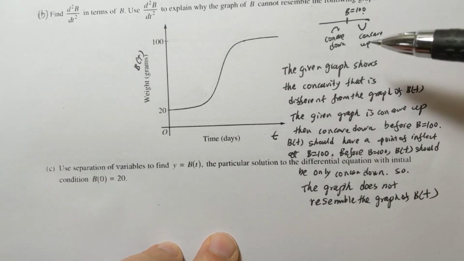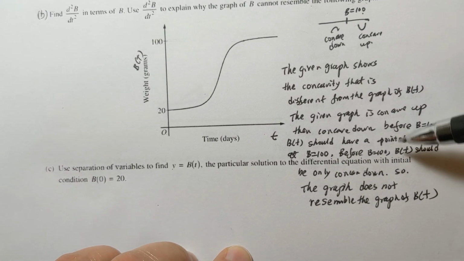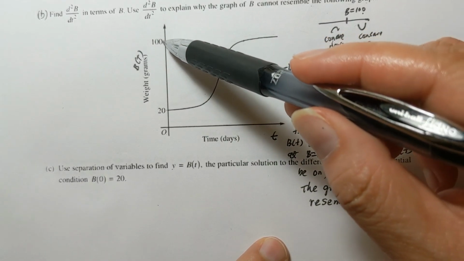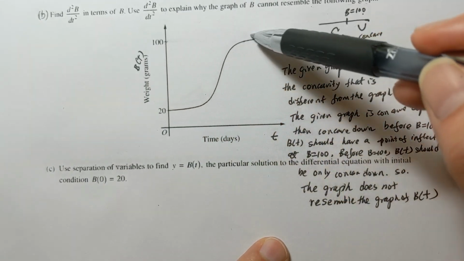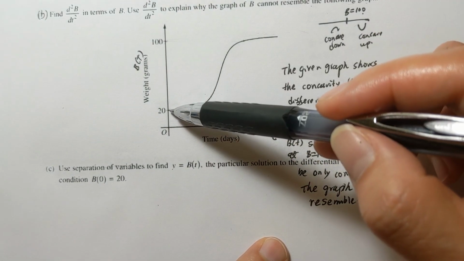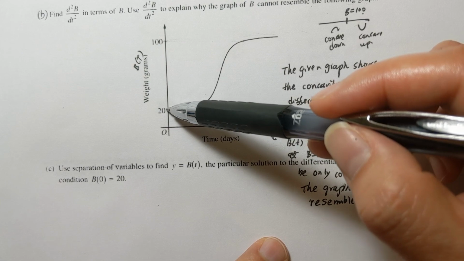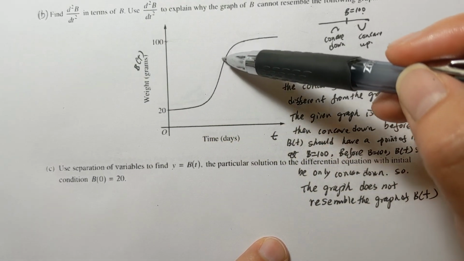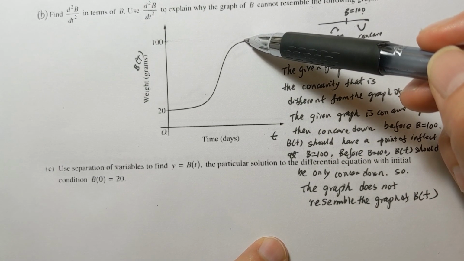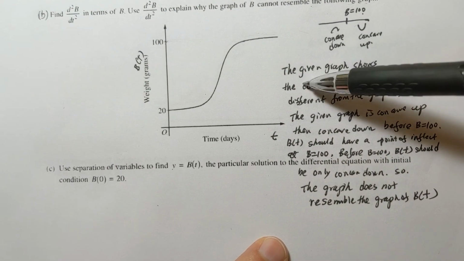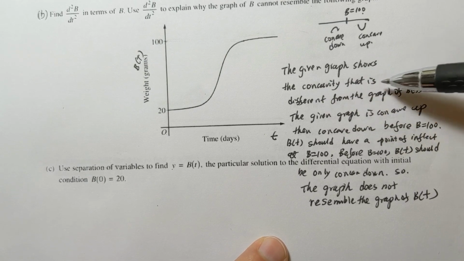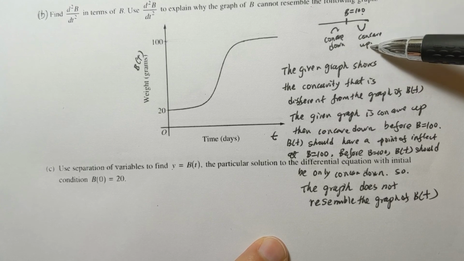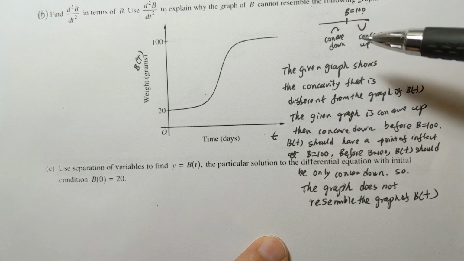I'm going to read it one more time. When we analyze the graph, when b equal to 100, it's up to here, and this graph says it's concave up and then concave down. It changed the concavity before it reached 100. The given graph shows a concavity that is different from the graph of B of t, because we already did it: concave down, concave up, changing only at b equal to 100.